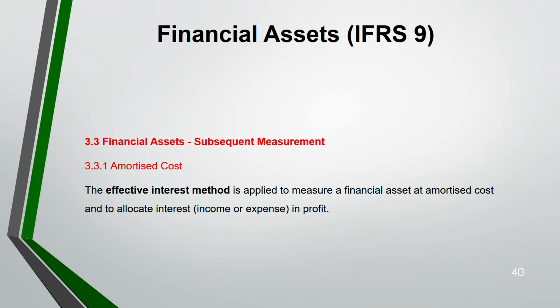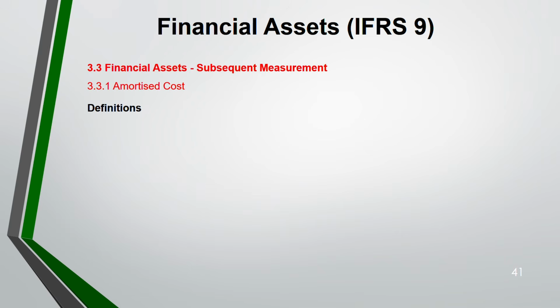The effective interest method is applied to measure a financial asset at amortized cost and to allocate interest. Remember, your interest could be income or an expense in profit or loss. Now, the definition.